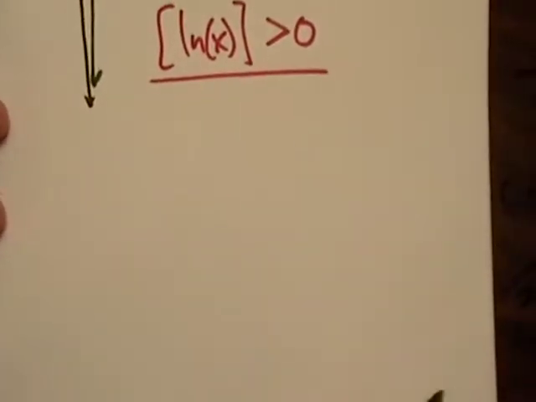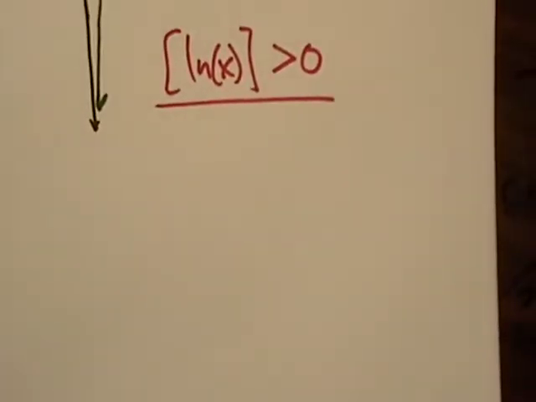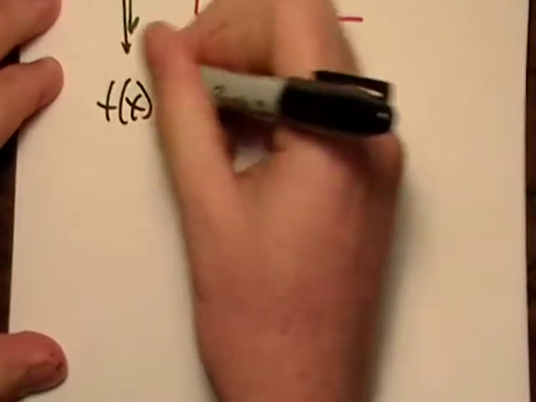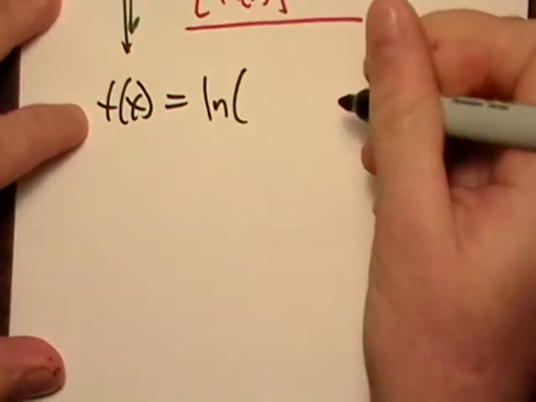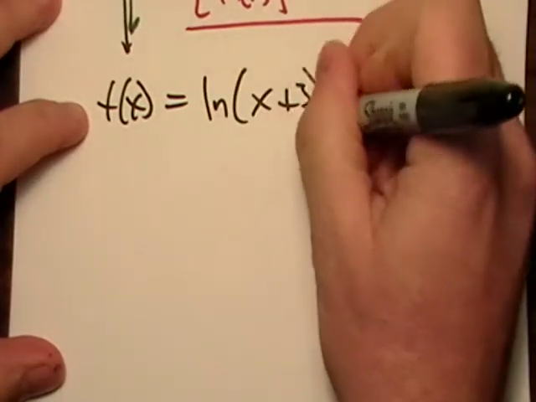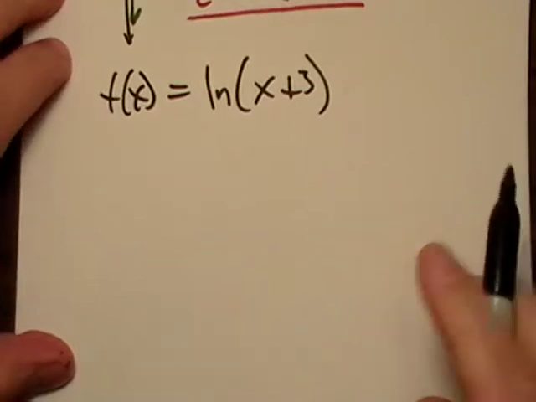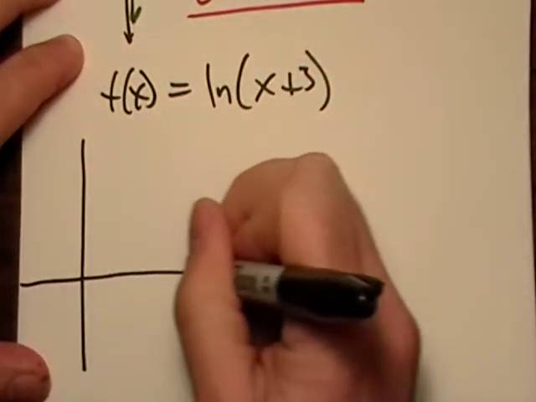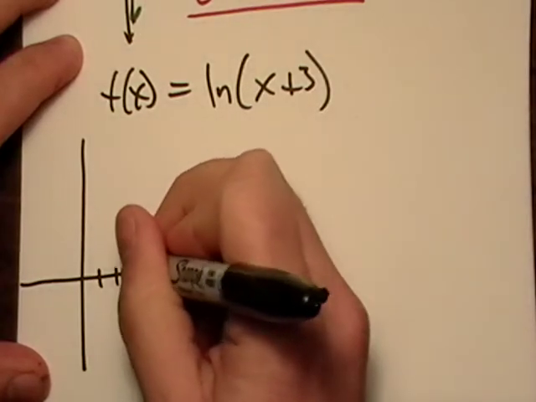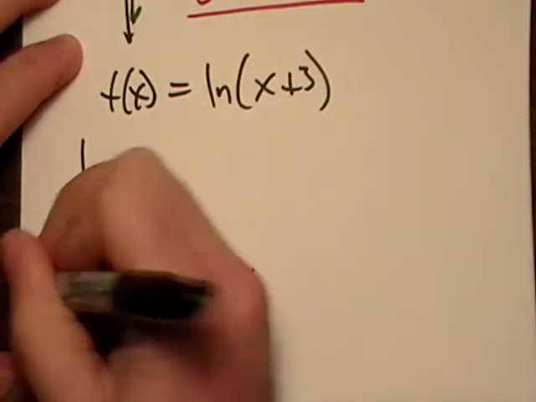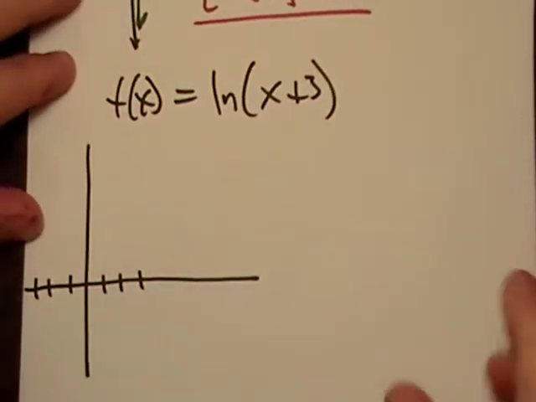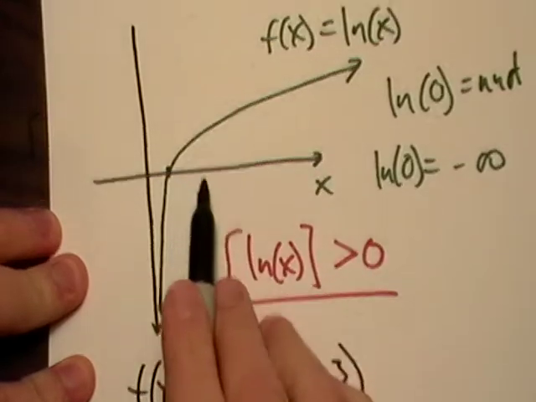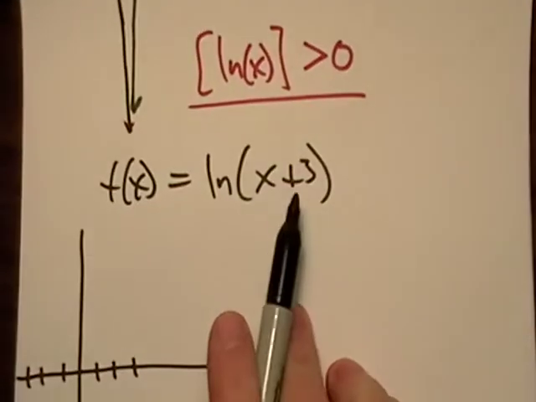Okay, so let's go ahead and I'm just going to make one up. Let's say we have f of x equals the natural log of x plus 3. Let's go ahead and graph that. A picture's worth 1,000 words. We basically took this function, natural log of x, and we just backed it up 3 units.